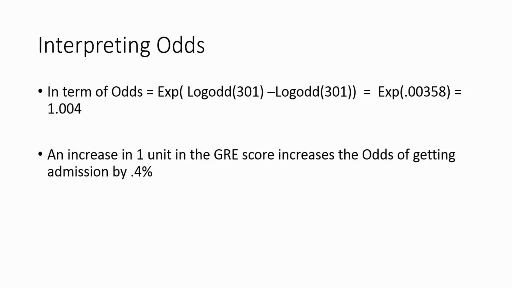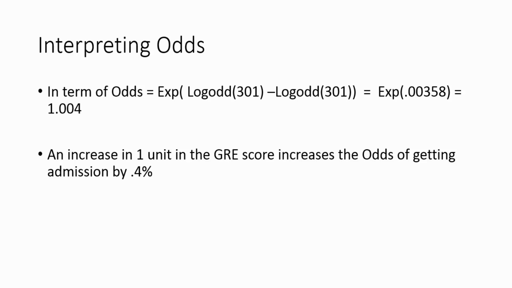So how do we interpret the odds ratio? Well, an increase in 1 unit in the GRE score increases the odds of getting admission in the graduate school by 0.4%. Where does this 0.4 come from?